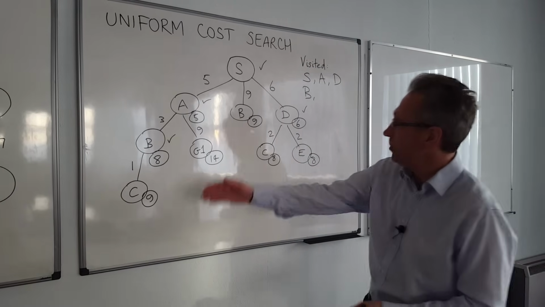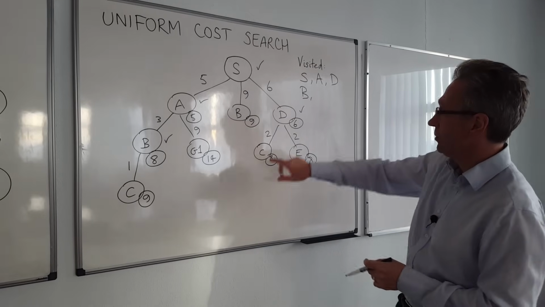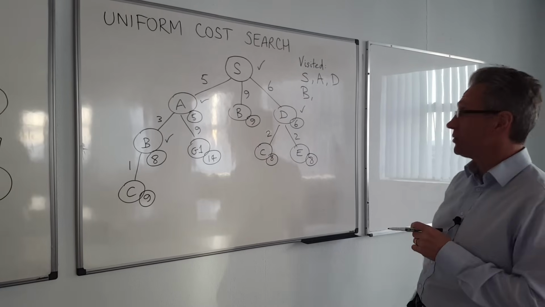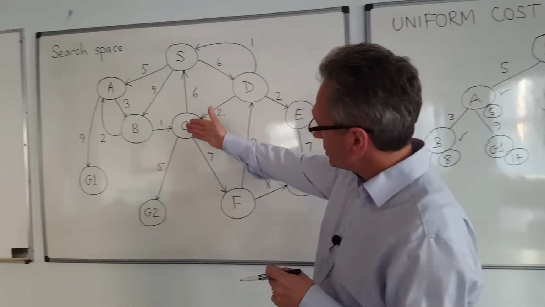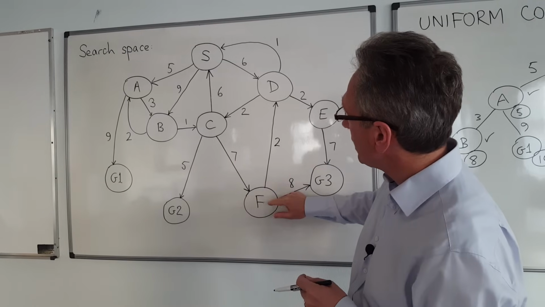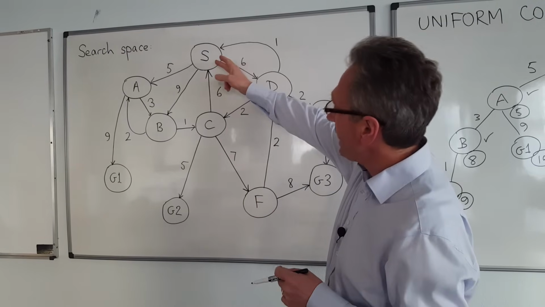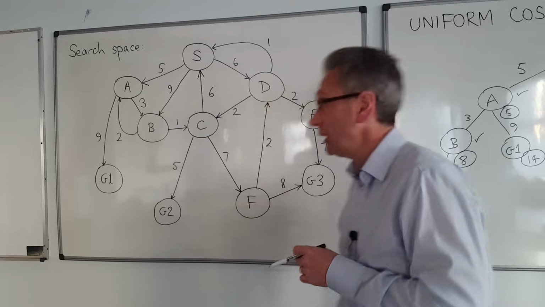We now look at the active paths and we find that the next one to visit is C at a cost of 8. We ask, is it a goal state? No, it's not, so we expand it. From C, we can get to G2 for a cost of 5, F for a cost of 7. We can also go to S, but S is already on the visited list, so we're not going to visit S again.